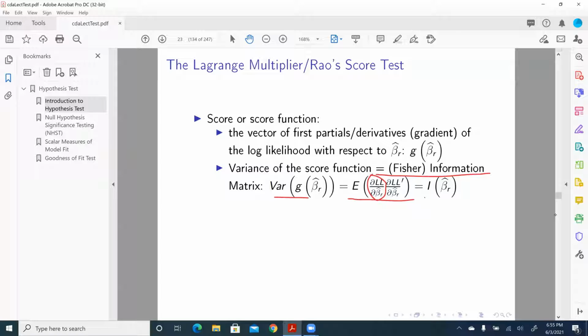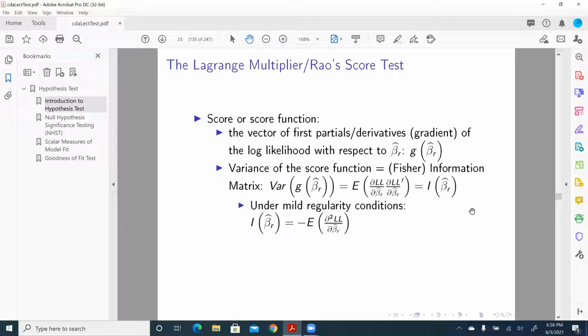It is equal to what is called the information matrix, or Fisher's information matrix. And under mild regularity conditions, we don't have to get into a lot of details, this information matrix turns out to be equal to the negative of the expectation of the Hessian of the log likelihood with respect to beta restricted hat.